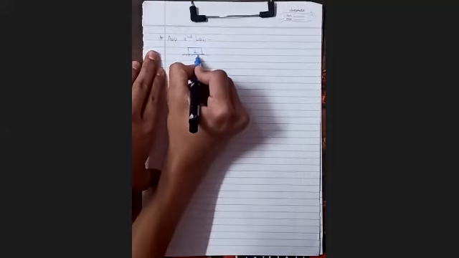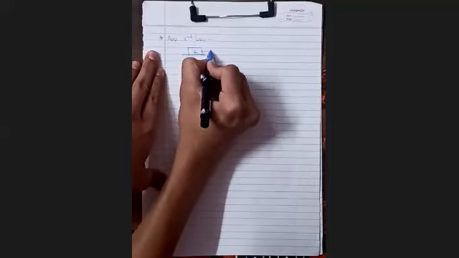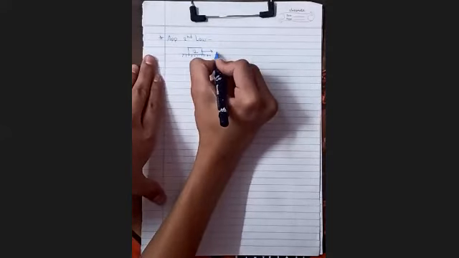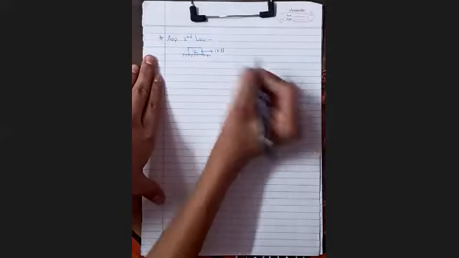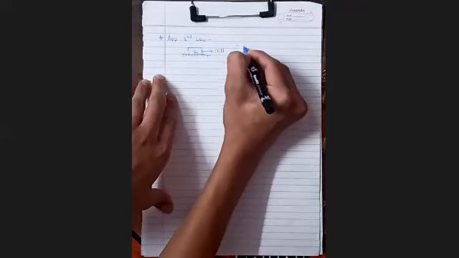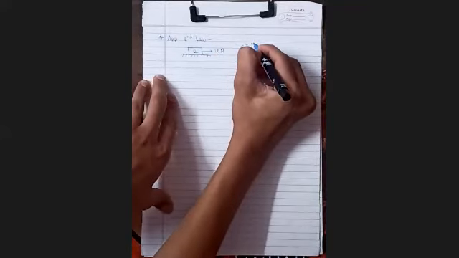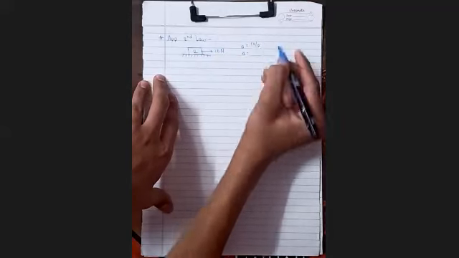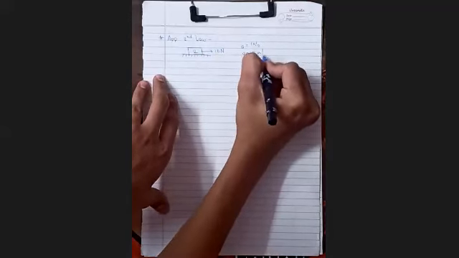There is a block of 2 kg. There is a force of 10 Newton applied on the block. So we have to find the acceleration of the block. Here the acceleration of the block equals force upon mass. So here we get acceleration 5 meter per second square.